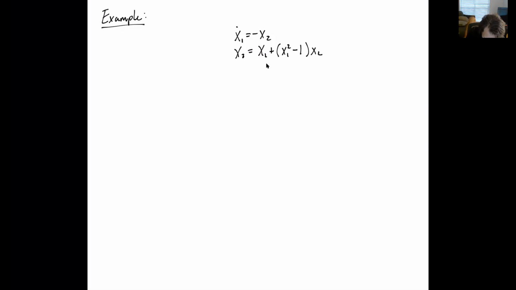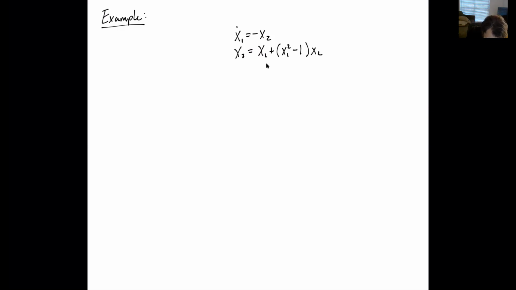we all remember how to do this, right? I hope so. So if we linearize this system, we're going to get A is equal to the partial derivative of f1 over x1, partial derivative of f1 over x2.